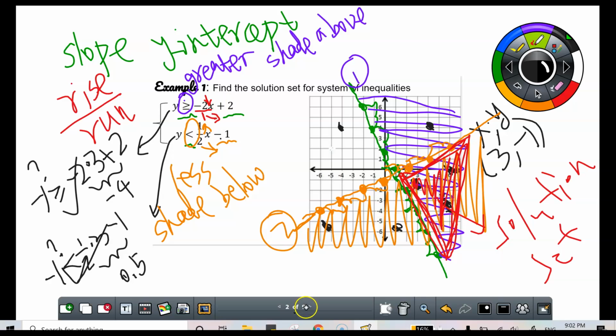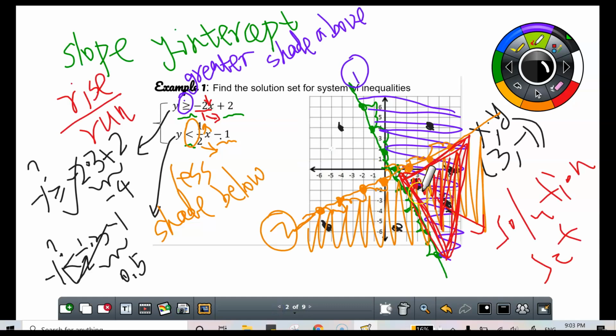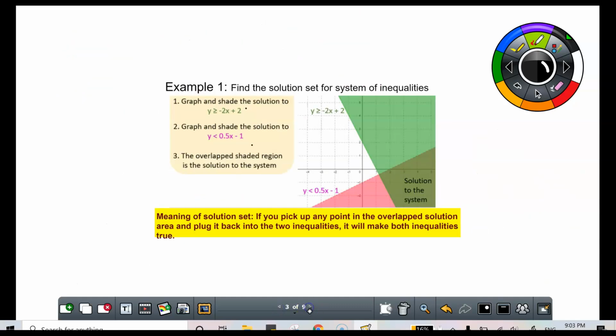And here we have the steps. Okay. And this is also the first example we just did. And you can see the solution set is here, which is the same as what we did. And here you have the steps. First, graph and shade the first inequality.